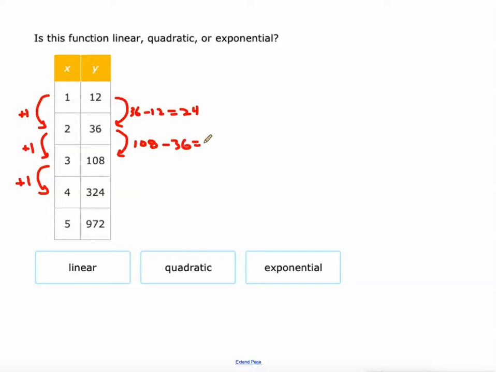We get 72. So that eliminates linear. Let's move on to maybe it's exponential. Maybe it's, because 36 divided by 12 gives us 3, and 108 divided by 36 is also 3. That indicates exponential.